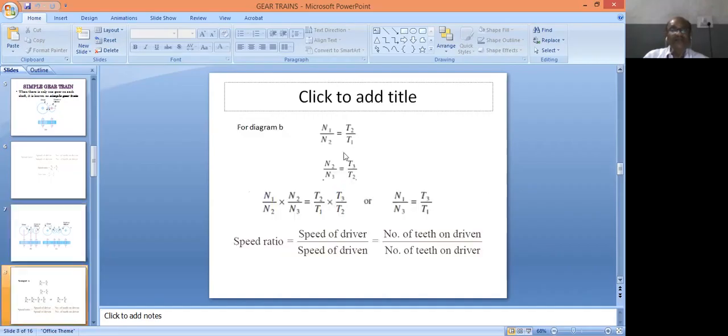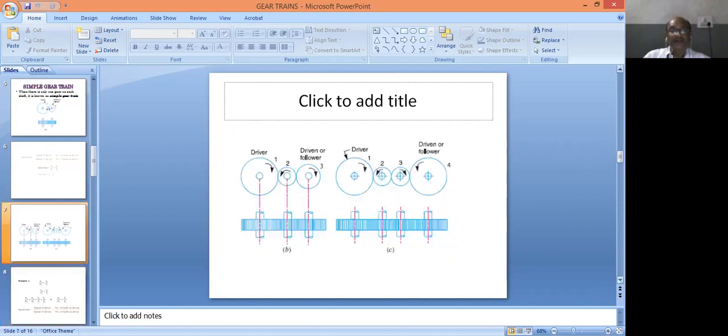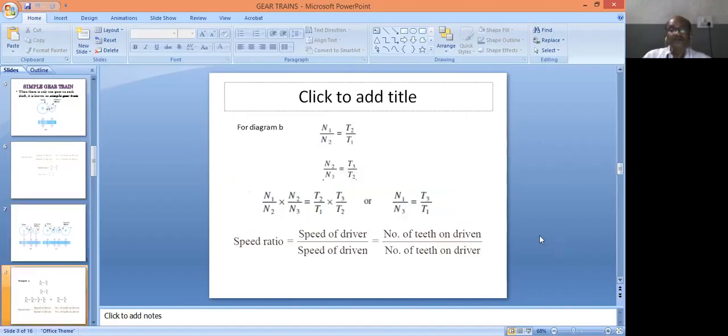For diagram B, the speed ratio is N1 by N2 equal to T2 by T1. We compare the pair 1 and 2 and again 2 and 3. Comparing gears 2 and 3, we have the ratio N2 by N3 equal to T3 by T2.